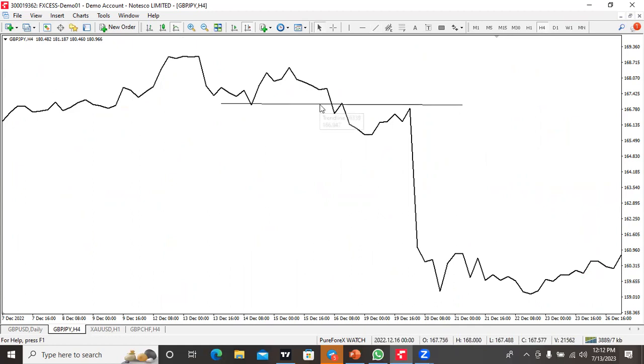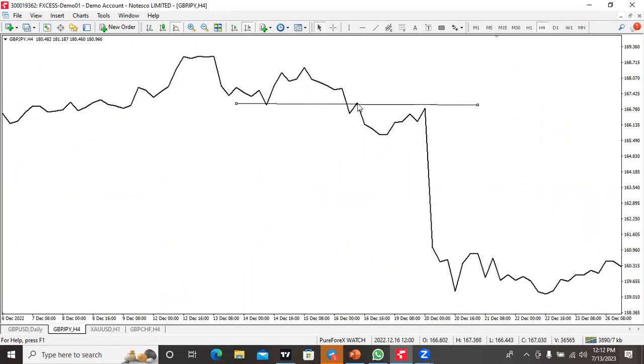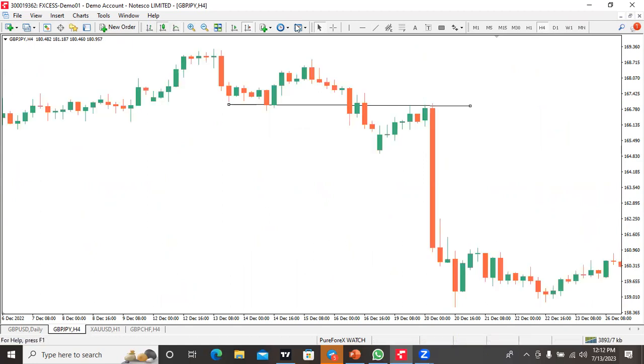Make sure the strong support aligns with what? Drop, base, drop, right? Go back to the candlestick chart, pick your box, and mark it out. When you mark it like this, we wait for price to come back there, and we sell.